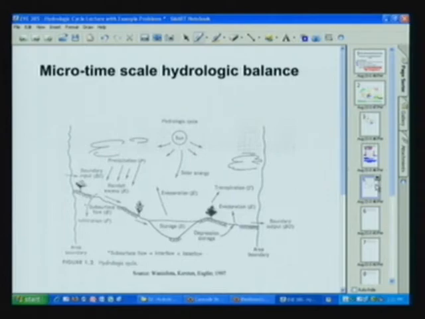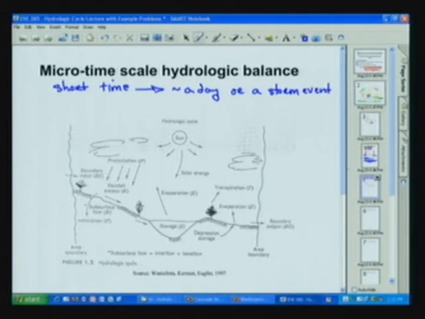These are short time step, which is approximately a day or a storm event or a linked series of storm events.